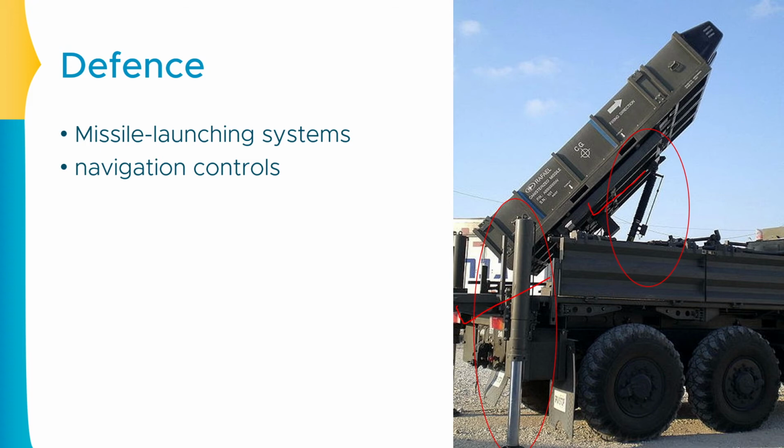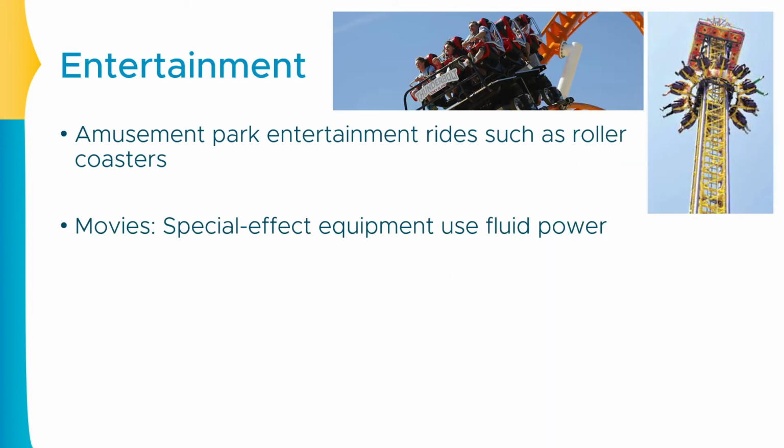Other than that, if you observe the entertainment industry, one of the major entertainment industries is the amusement parks, which use various kinds of hydraulic mechanisms to have smooth and healthy rides.